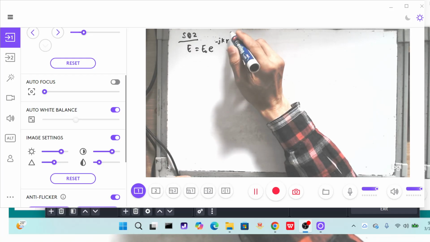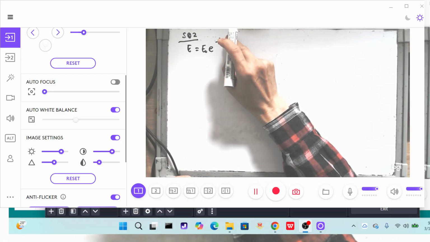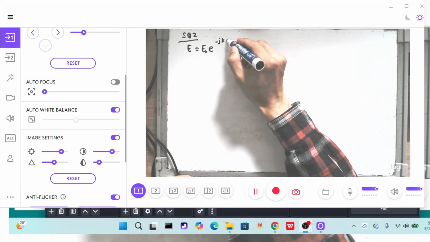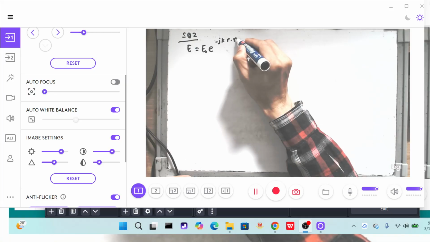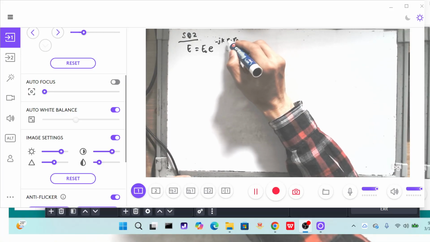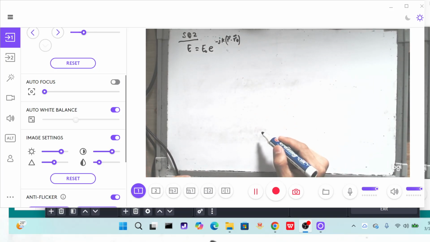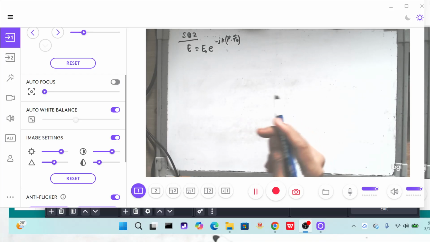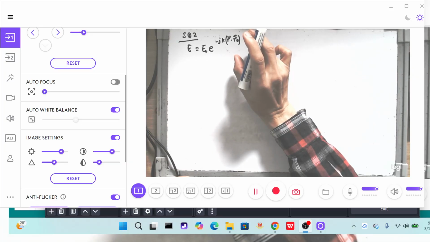So R itself is a distance, and this distance can be a combined value. As long as you have a dot product, then you will have a scalar distance here. R is a scalar, and this is also a scalar. And remember the definition of dot product.